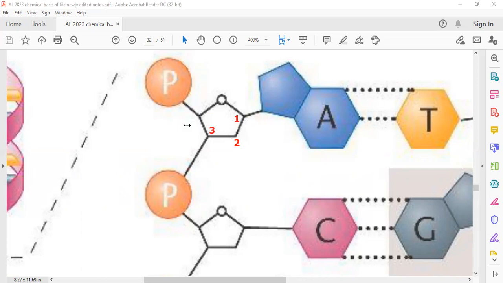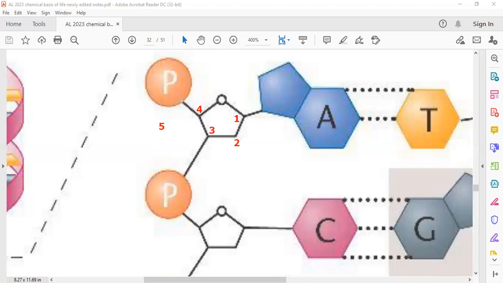This is the fourth carbon. This is the fifth carbon of the sugar. The fifth carbon of the sugar is connected to the phosphate group. Understood?